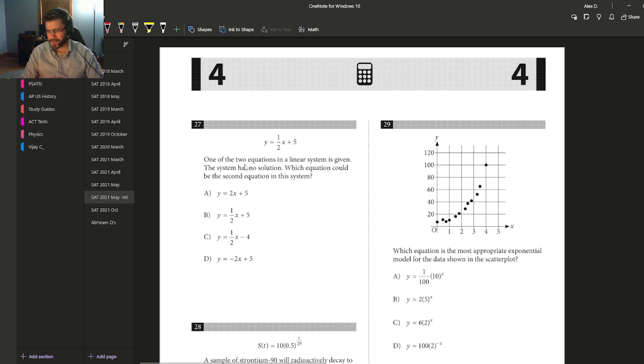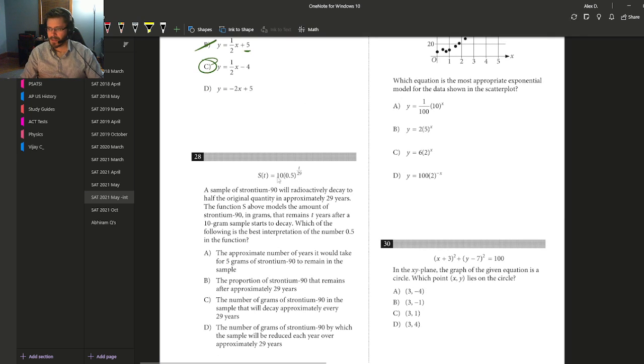Another linear function has no solution, means the same slope. Oh, no. Same slope, but different y-intercepts. This has the same y-intercept, so that's out. Same slope, different y-intercept for no solution. Exponential function, always name it. 0.5 is the rate of decay.